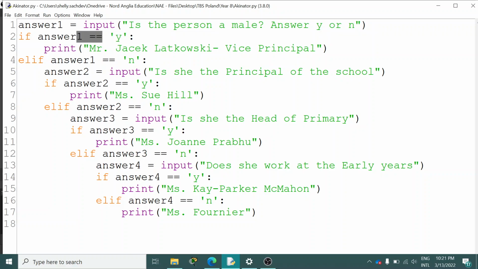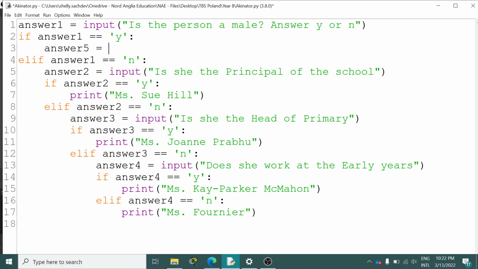Like over here, if somebody answers that yes, he is a male, right? So rather than just printing Mr. Vice Principal, you can actually ask another question. I'm using answer 5 because I have used answer 2, 3, 4 over here, so I have to use another name for holding that value.